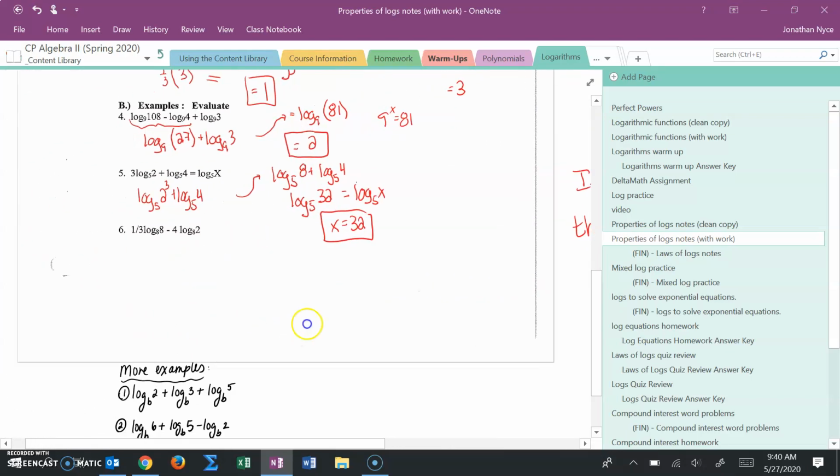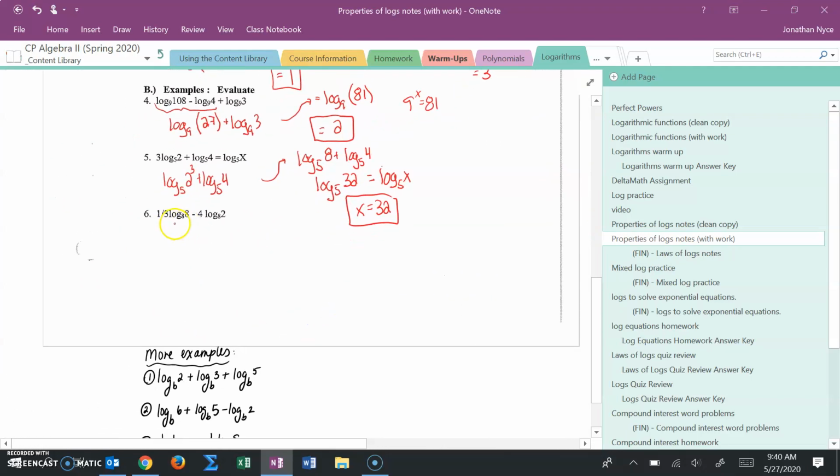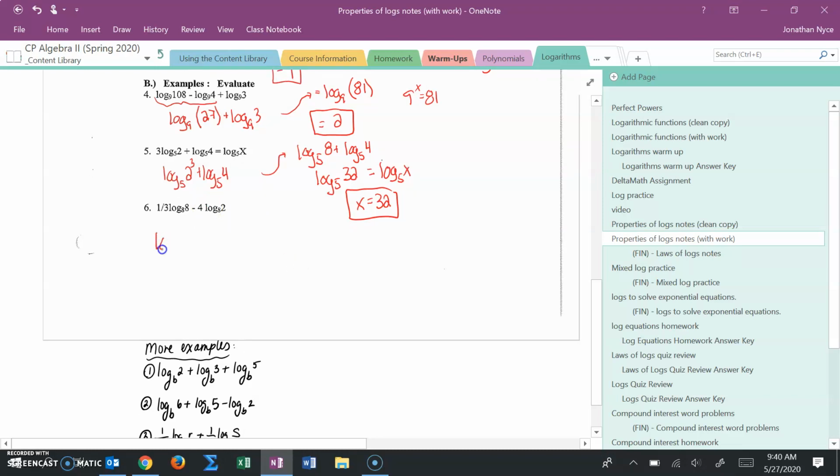Go through a few more examples. Again, take care of multiplication first, just like with order of operations, multiplication and division come before addition and subtraction. So we're going to have log base 8 of 8 to the 1/3 power minus log base 8 of 2 to the 4th power. So 8 to the 1/3, remember, is the cube root of 8, which is 2.